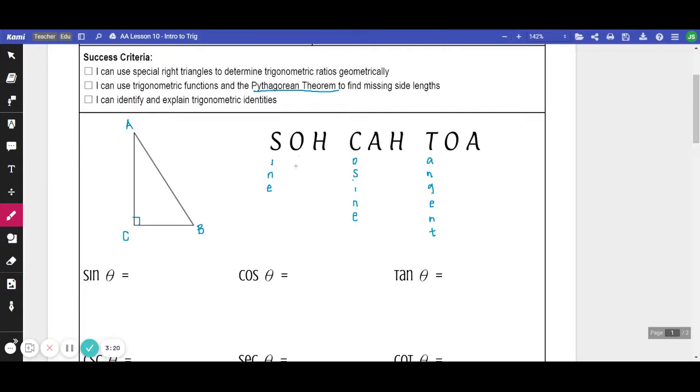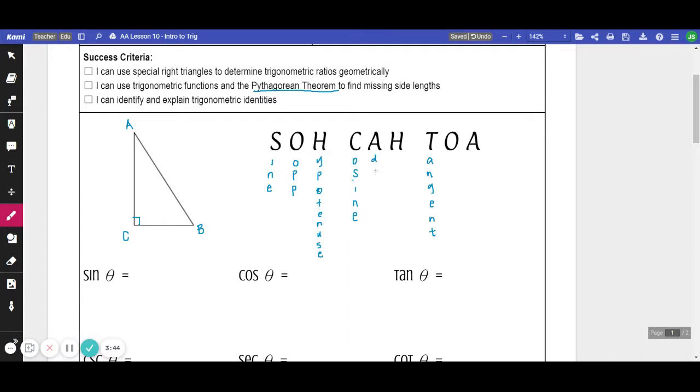So sine uses an opposite side and the hypotenuse. And hopefully you remember what the hypotenuse is. Oops, if I can spell. And we just abbreviate it with an H for hypotenuse. Cosine is the adjacent side.